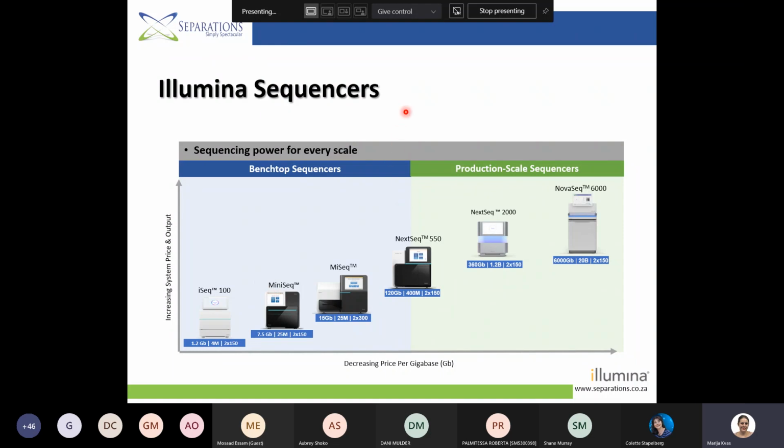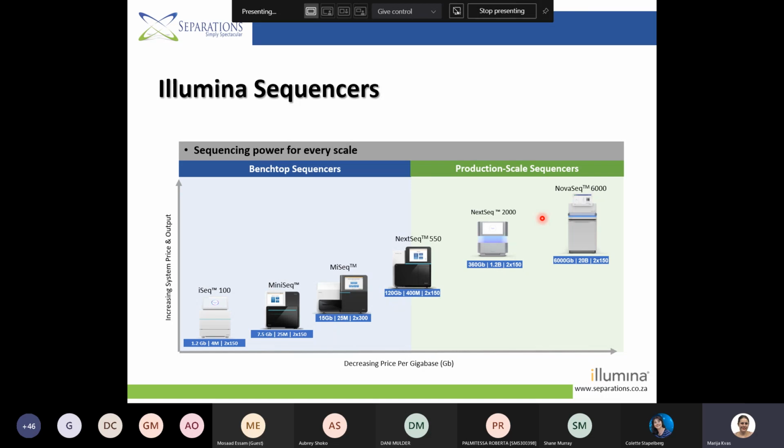But when we're talking about the human genome, we have over 20,000 genes, and those genes being expressed, right? Not all of them at the same time, but it's a huge amount of data that we need to generate, and as such, it's not cost effective to do it on the benchtop sequencers.